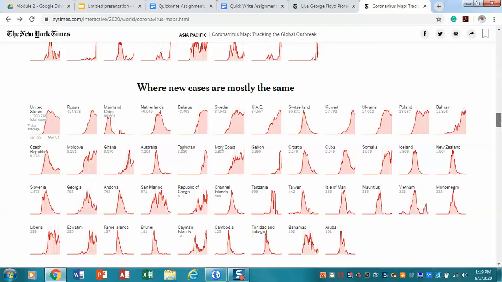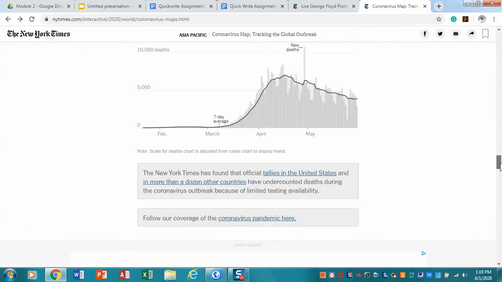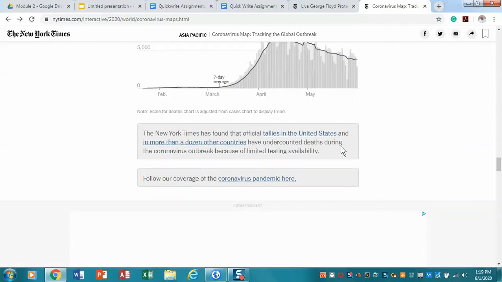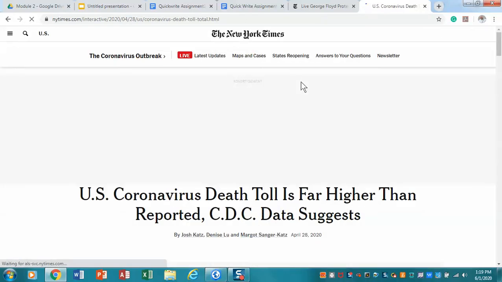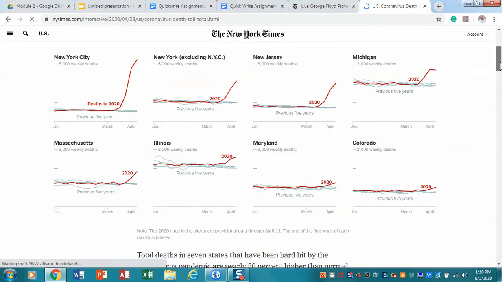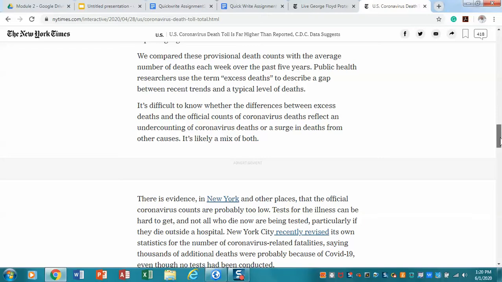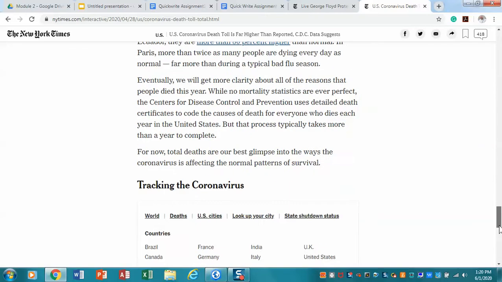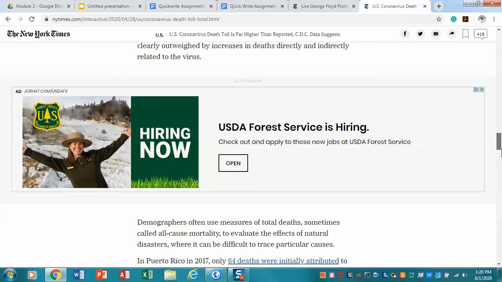So I'm going to scroll down here, and we're going to look at this in terms of the United States. And so if we look at the U.S. coronavirus map, get this one to come up. What we can see, kind of scroll down to this for a minute.